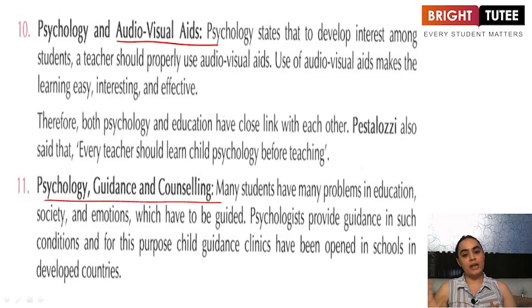All these children have to be guided and taken care of in an individual manner. There cannot be a common way to deal with all these types of children together. So psychologists actually provide guidance so that every child can be guided, can be understood and can be made to develop in the most appropriate way.